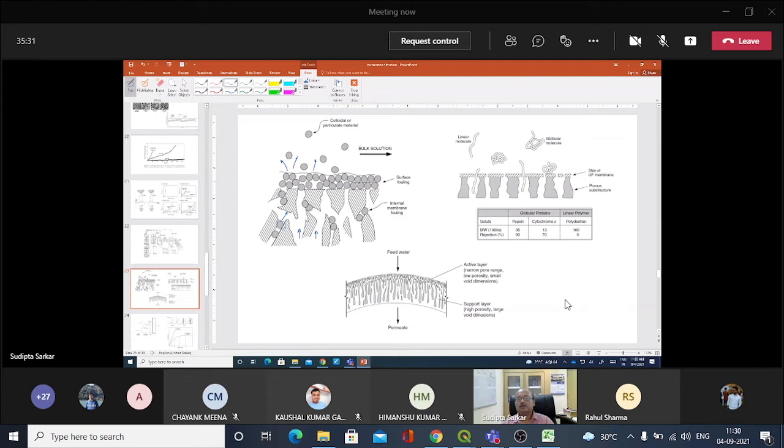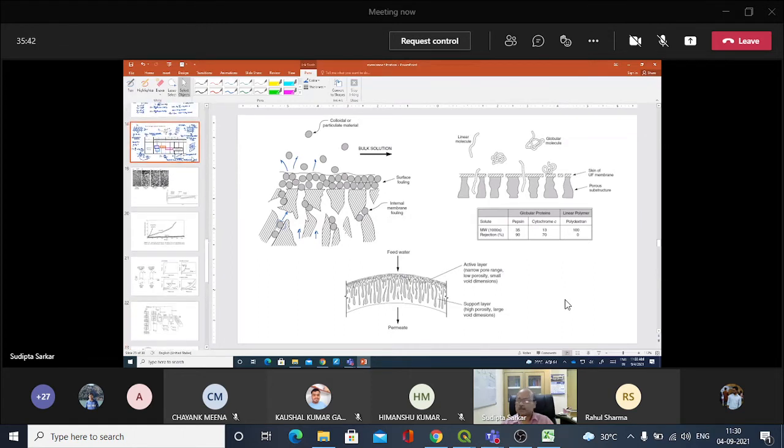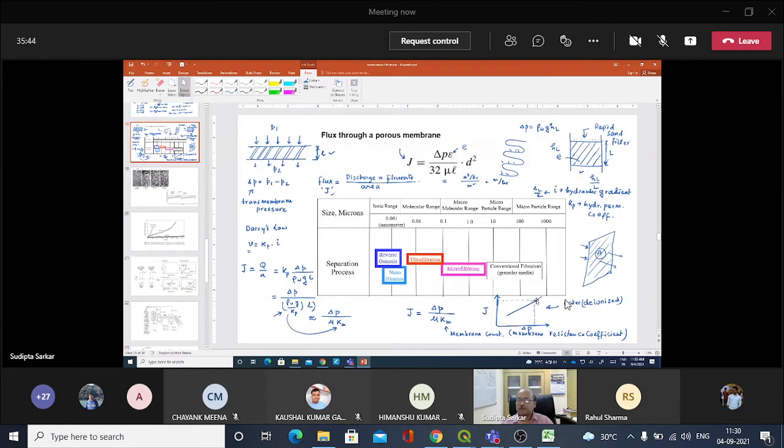This is called internal membrane fouling, and many times it is irreversible, so we cannot really reverse it. So if we make our pressure very high to get a very high flux through the membrane, it is not possible, because that will increase our fouling.